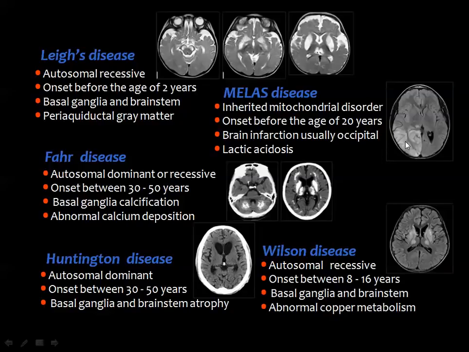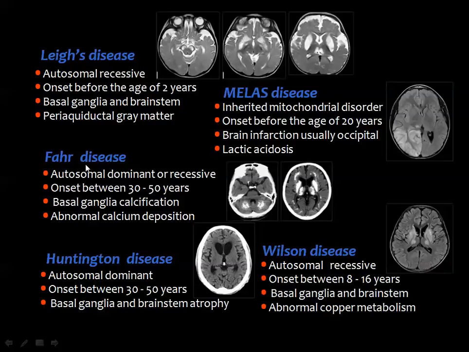As I have mentioned, there are three ways to confirm the diagnosis of MELAS. Number one, the presence of ischemic stroke at a relatively younger age. Number two, the presence of lactic acidosis. And number three, the muscle or brain tissue biopsy.